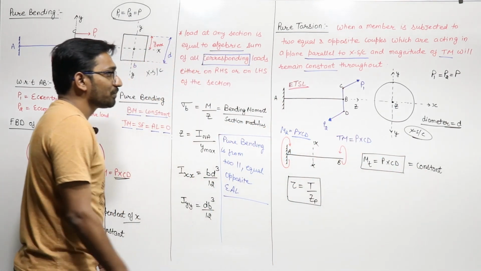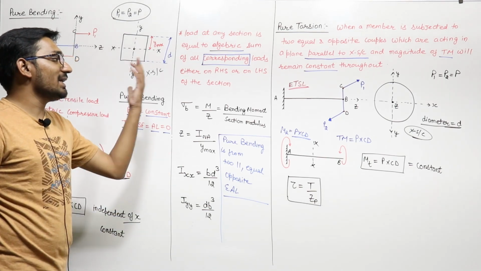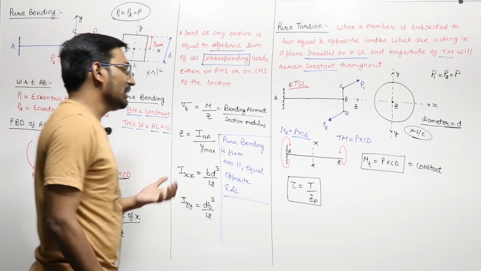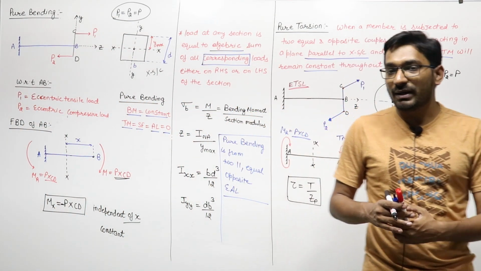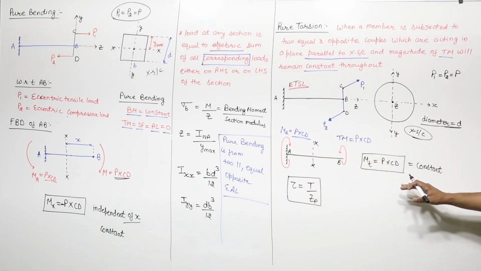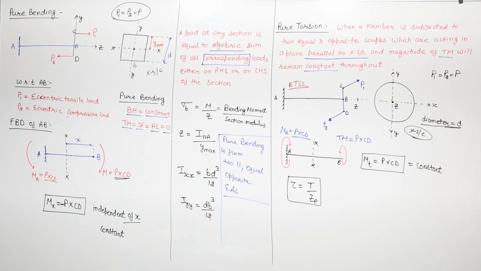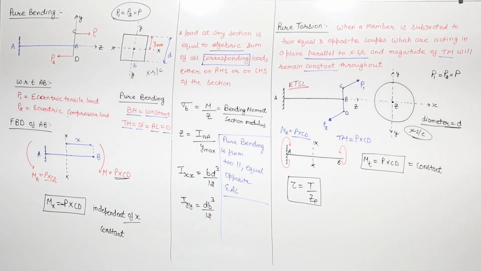So you can say that because of these two equal opposite eccentric transverse shear loads, we have a constant twisting moment, the value of that moment is P into CD, and it is constant along the length of this member. So this is the case of pure twisting moment, and for pure twisting moment, the twisting moment will remain constant.